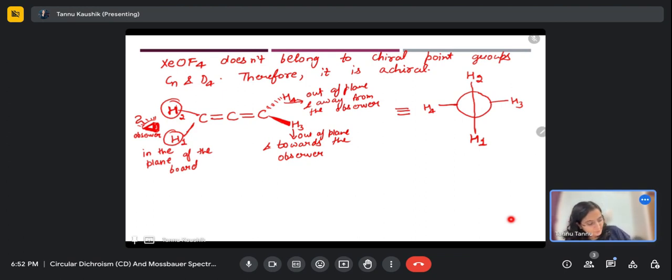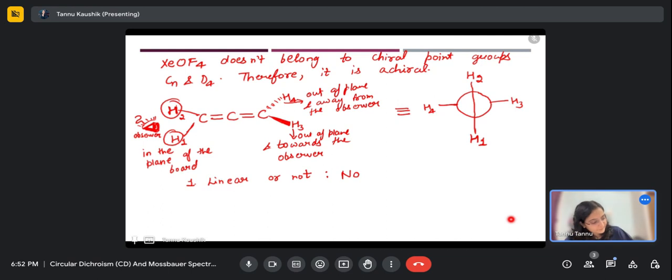So, first question we will be asking is whether the molecule is linear or not. The molecule is not linear because these hydrogen atoms are not in one single line, and these two hydrogen atoms are out of plane.